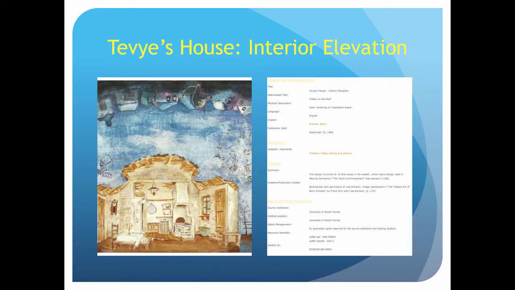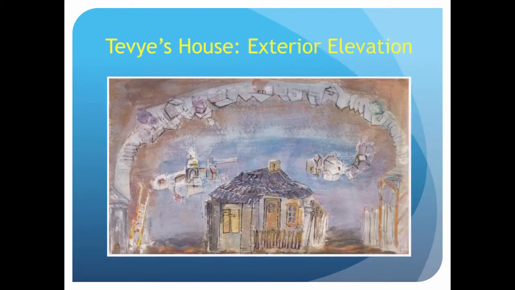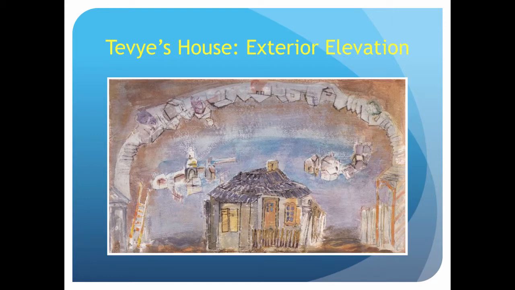This is the original production in 1964, and you see the metadata. During summer, the database for images and metadata changed from DSpace to Sobek as we were importing that data into Omeka, the exhibit software, and that was a pain. This shows you Tevye's house, the exterior elevation, and Fiddler, by the way, was the first musical theater run in history to surpass 3,000 performances.